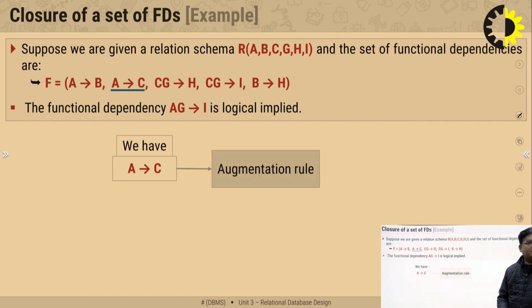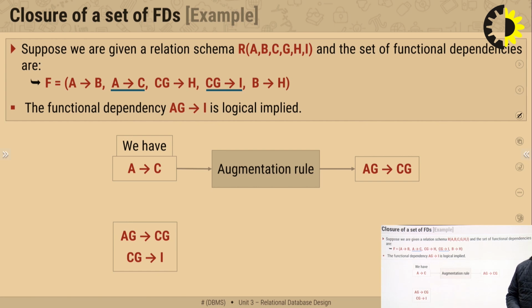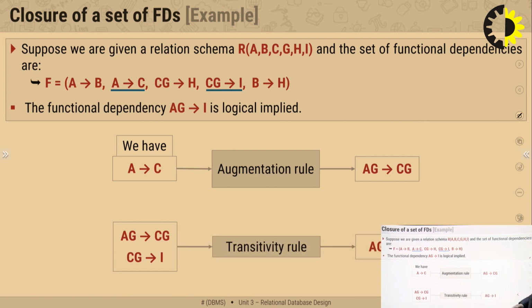Now again we are seeing A determines C. Now applying the augmentation rule, AG determines CG and CG determines I. This means AG determines I. Again we are getting this FD.